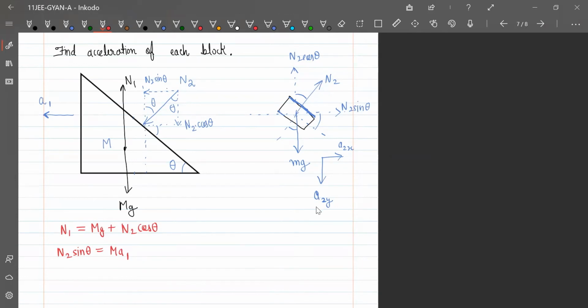So we can write mg minus N2 cos theta. That will be responsible for small mass into A2y. And N2 sin theta will be responsible for small m into A2x. See, N2 sin theta is responsible for horizontal acceleration for both of them.